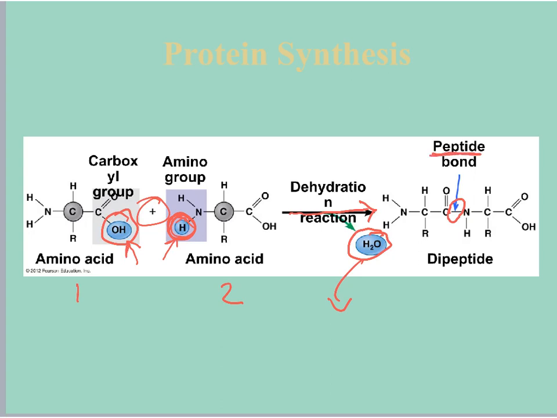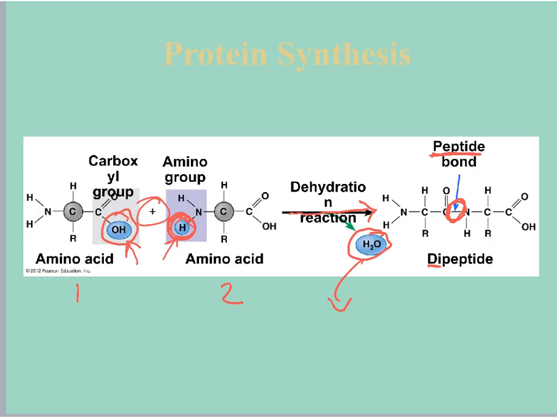Pept means protein. So this bond right here is holding those two amino acids together. So since there are two amino acids, we call this a dipeptide. It's not really quite a protein yet. A dipeptide is really kind of like the precursor to a protein because this is only 2 amino acids long, but really proteins are hundreds of thousands of amino acids long.